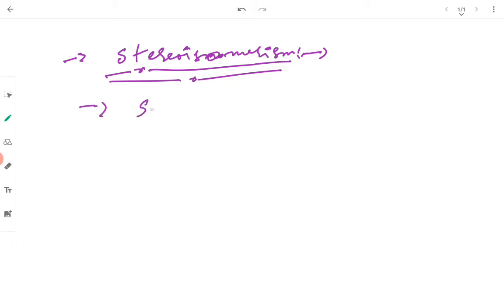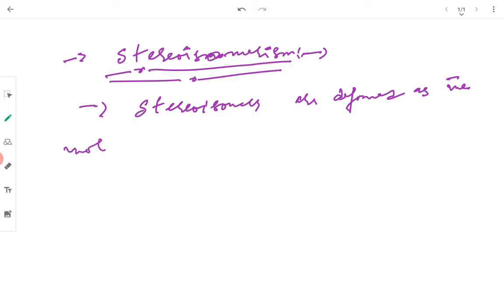Stereoisomers we can define as compounds, as molecules, which have the same molecular formula.